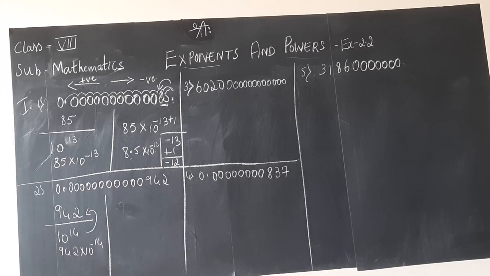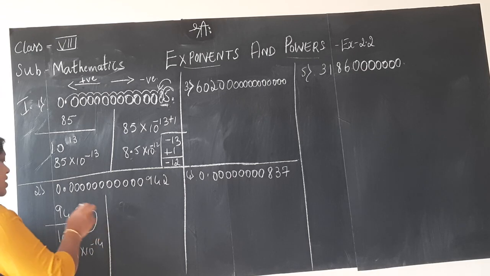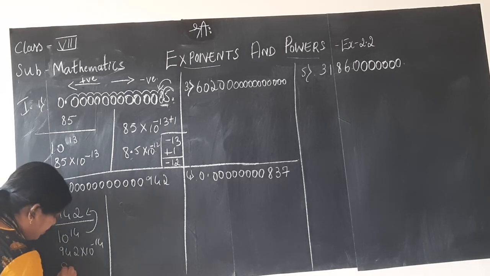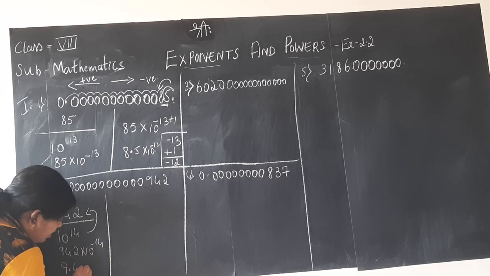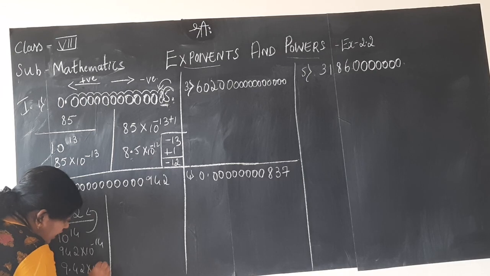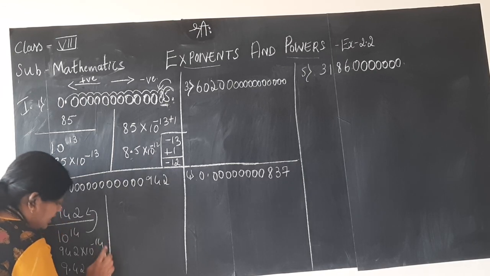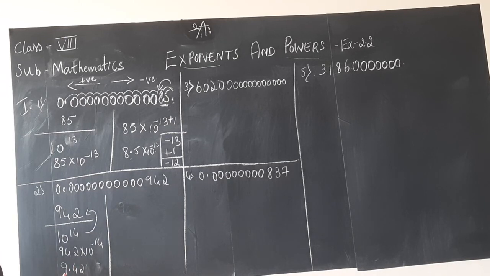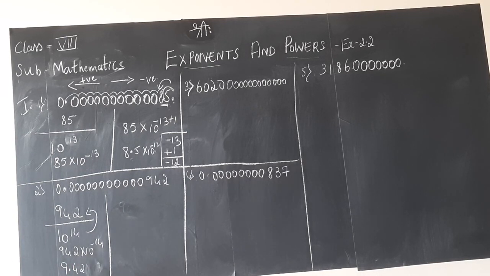If I go with another method, children, I don't want to express it in the form of 942 into 10 power minus 14. Instead, I want to express it as 9.42. The decimal will change, so I don't want 942, instead I want 9.42.